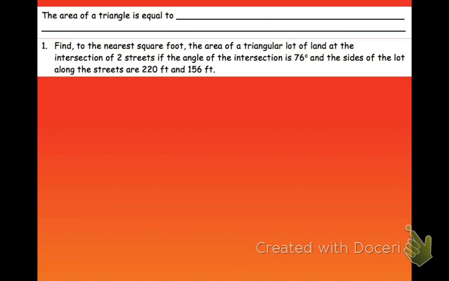So the area of a triangle, I'm actually going to have you cross that out because we don't really need to fill it in. It just says in words exactly what was in the formula there.